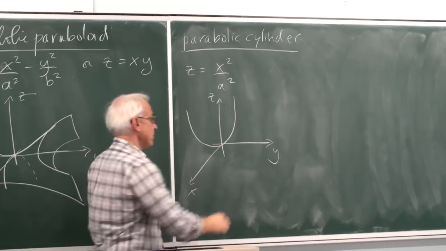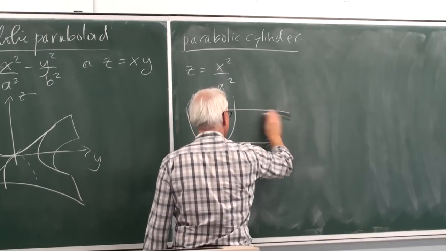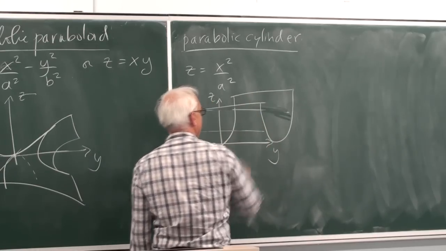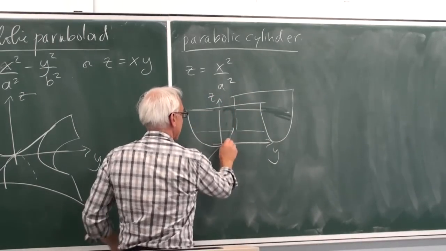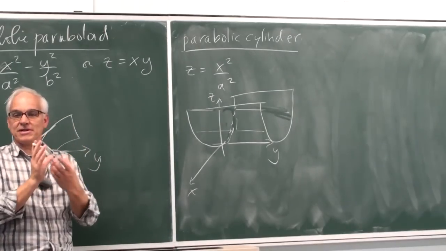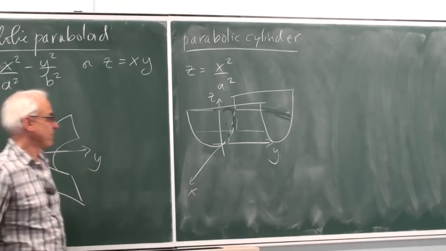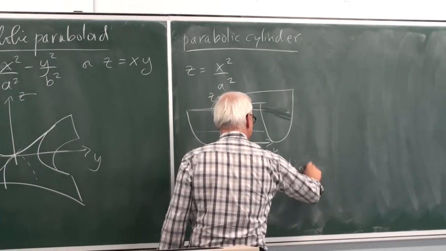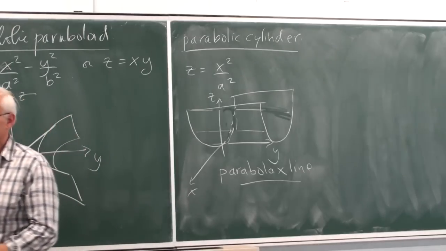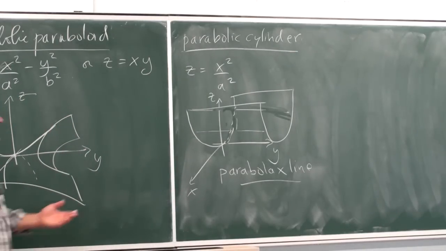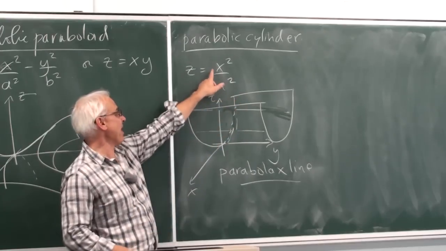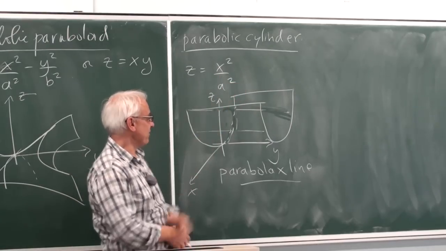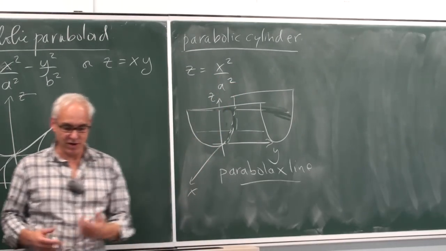And y can be anything it wants to, so we can just translate this thing. So it's a cylinder. It's like a parabola across a line. Well, in this case, it's open upwards. But if I put a minus sign there, then I could have it opening downwards. And by changing things, I could move it into different positions as well.